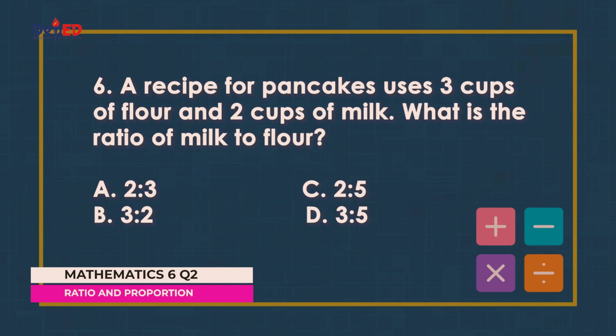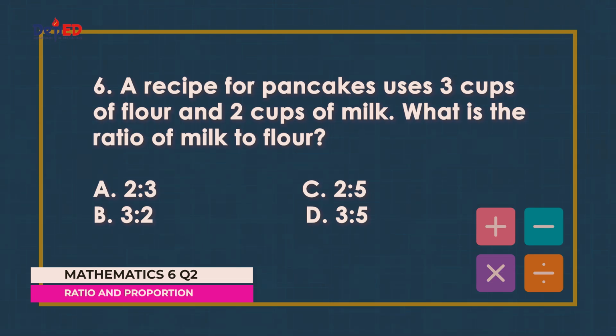Number 6. A recipe for pancakes uses 3 cups of flour and 2 cups of milk. What is the ratio of milk to flour? Is it letter A, 2 is to 3? Letter B, 3 is to 2. Letter C, 2 is to 5.